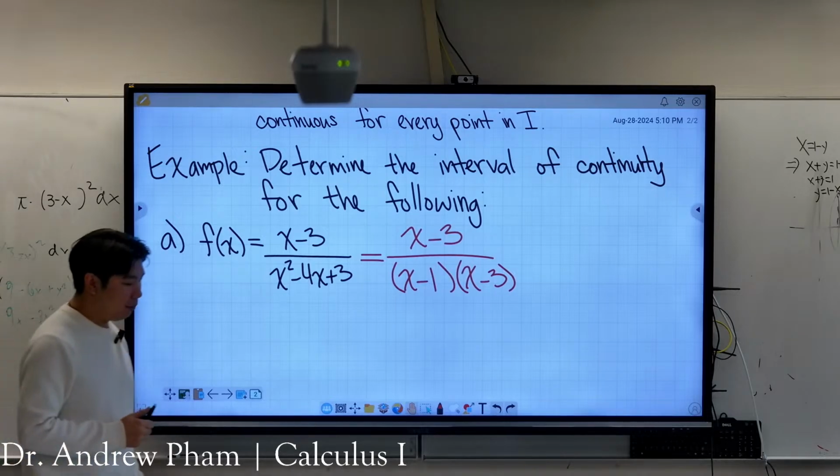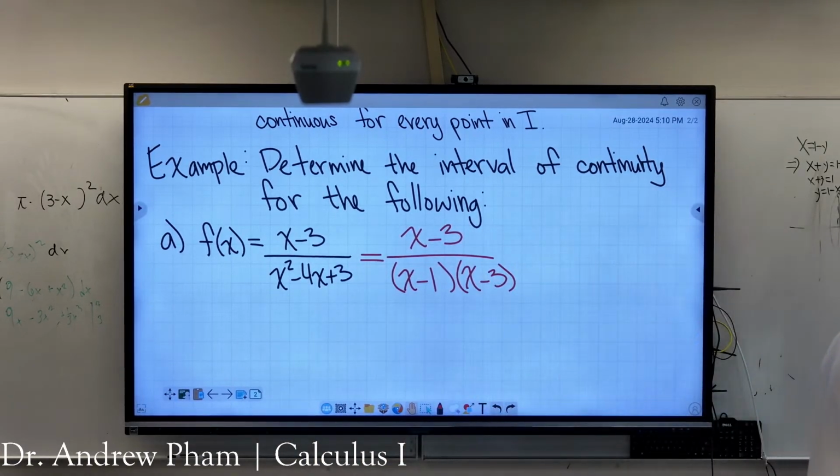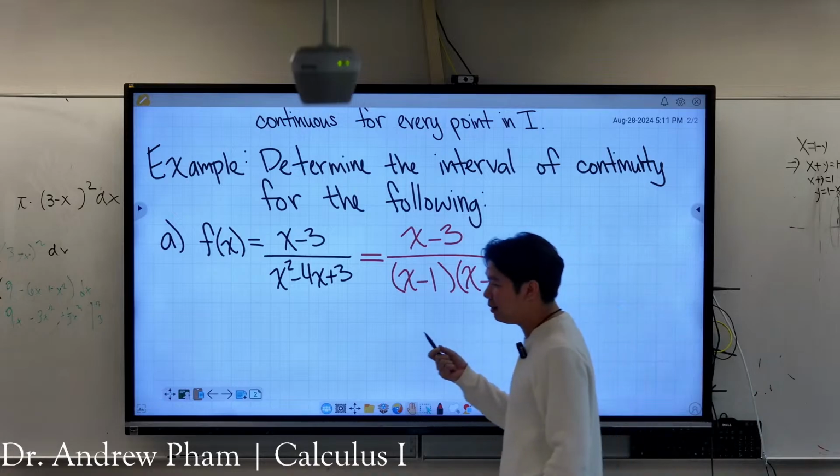All right, so to find these points where I'm not continuous, should I do my cancellation? No, because remember what I said last time. We need to be a little bit careful when we're talking about our points of continuity or discontinuity to be exact.